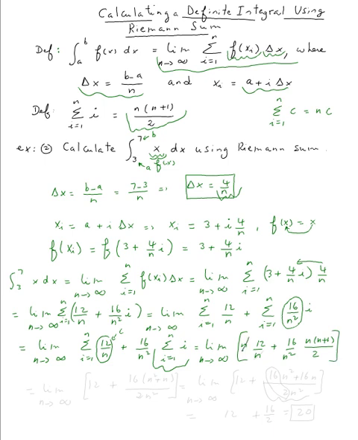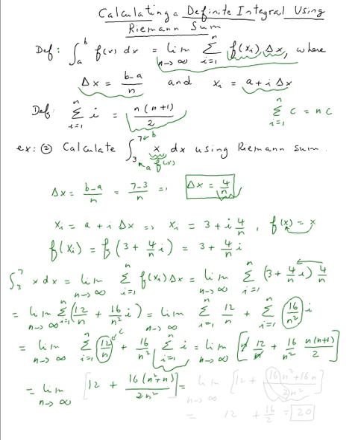Now we need to do some simplifying, and this goes with this one. So this is going to be equal to the limit as n goes to infinity of 12 plus, I'm going to distribute the n, 16 times, I'm going to distribute the n first, so it's n squared, n times 1 is n, divided by, and then n squared times 2 is 2n squared.